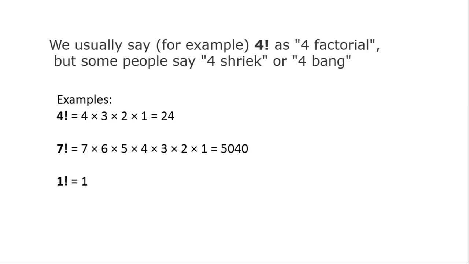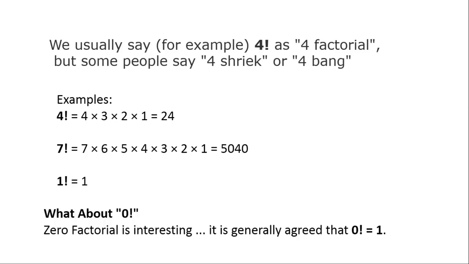Also remember that 1 factorial is always 1, and we cannot find the factorial of a negative number. So this is the basic concept of factorial. I hope you understand. Now let's move to our program.